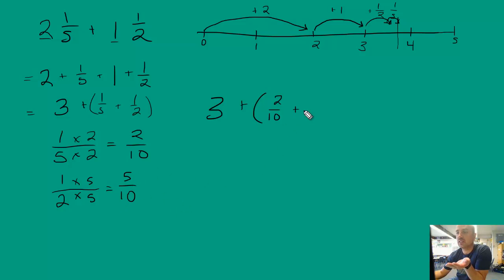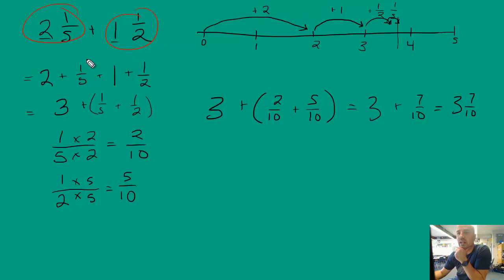I have my 2/10, and I'm going to add in my 5/10, and I'm going to get, well, let's see, my 2/10 plus 5/10, or 2 plus 5, is going to equal 7/10. So I have my 3, and I need to add in 7/10 to get a total of 3 and 7/10.